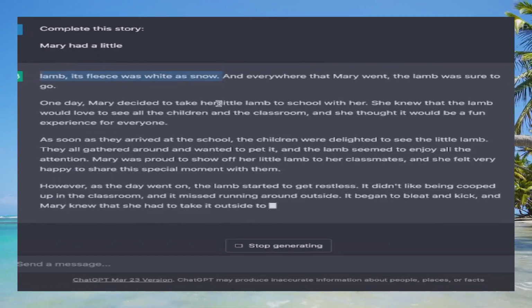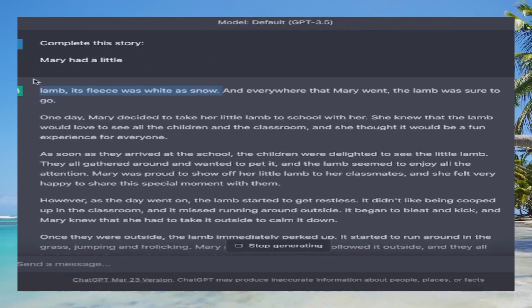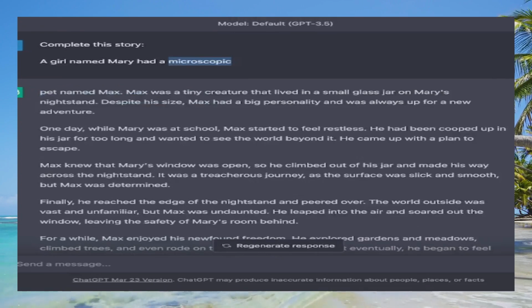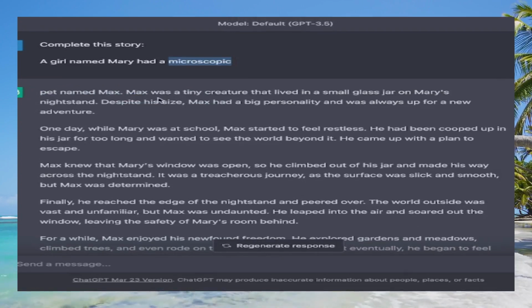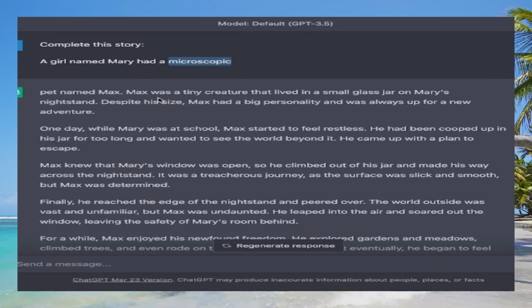I'm still getting lamb, its fleece was as white as snow. So every time I'm getting a very consistent response to this pattern. So one of the things to think about when you're writing a pattern or writing a prompt is, what patterns do I have in my prompt? And what patterns will that probably tap into that the large language model was trained on?